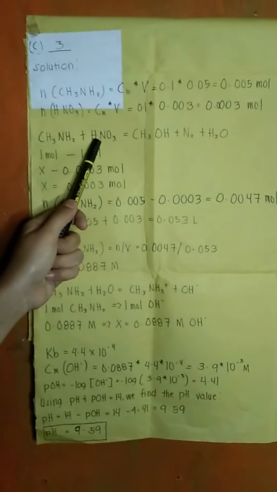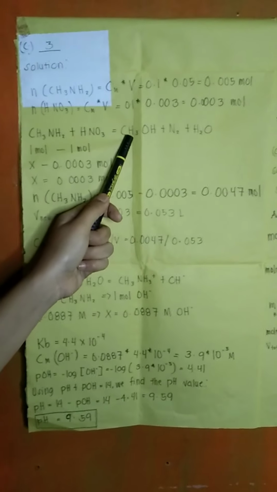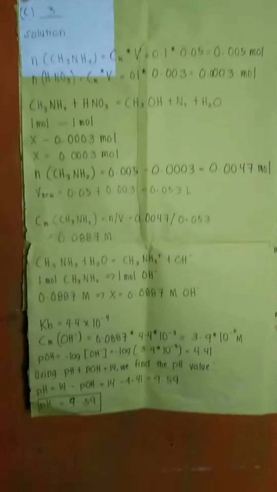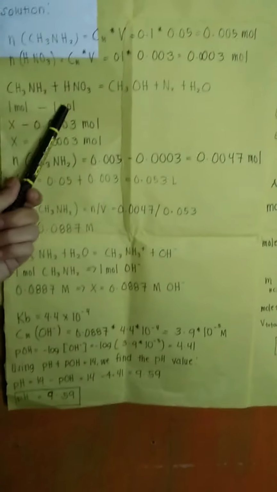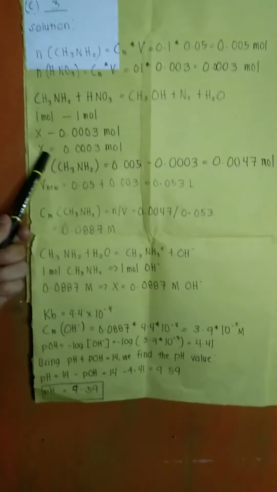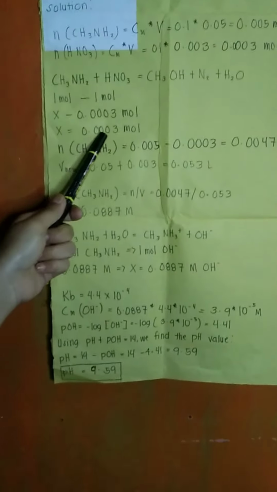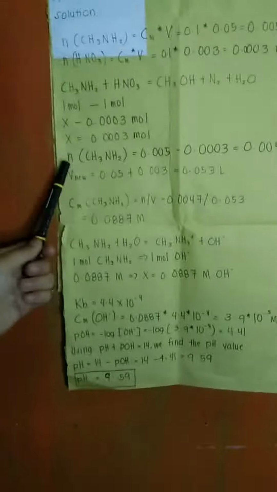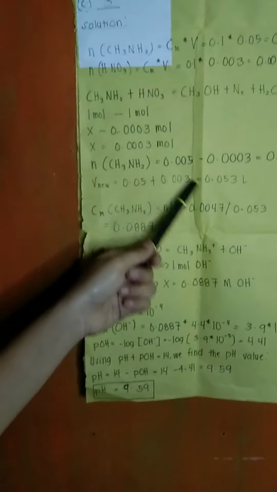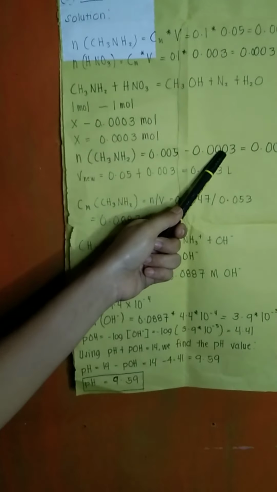CH3NH2 plus HNO3, or nitric acid, equals CH3NH3NO3 plus H2O. 1 mole to 1 mole. X to 0.003 mole. X equals 0.003 mole. N of CH3NH2 equals 0.005 minus 0.003.